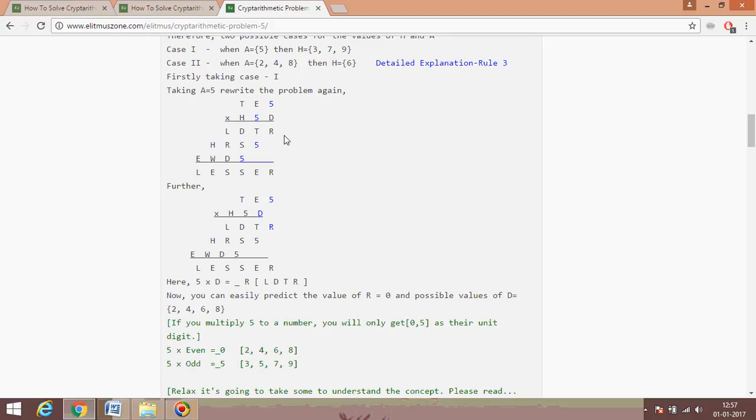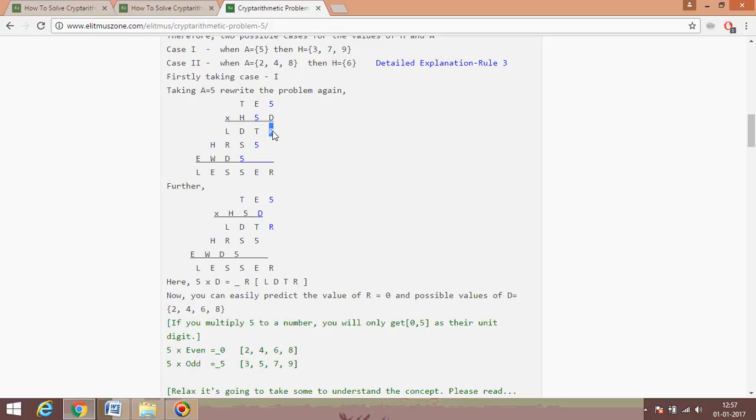And suppose you are thinking of taking D as an odd number like 3, 7, 9. If you take D equal to 3 or 7 or 9, then the possible value of R will come as 5, meaning 5 cross 3 is 15, the last digit will be 5. But since you have already taken A equal to 5, the possible value of R cannot be 5. This is going according to the rule: each variable should have a unique and distinct value, and each letter and symbol represents only one digit throughout the problem.